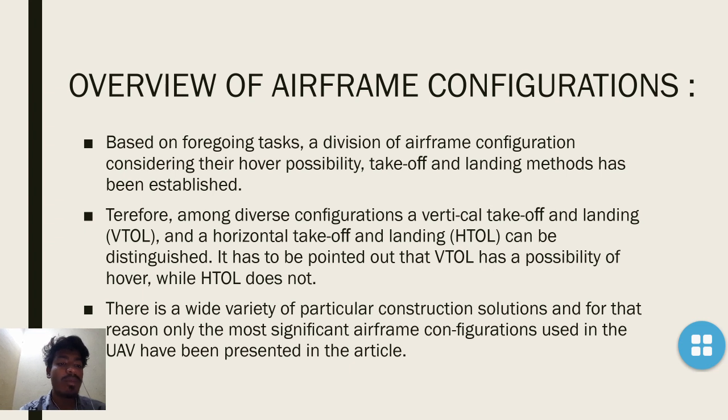It has to be pointed out that vertical takeoff or landing has a possibility of hover, while horizontal takeoff and landing does not. There is a wide variety of particular construction solutions, and for that reason, only the most significant airframe configurations used in UAVs have been presented in the article.